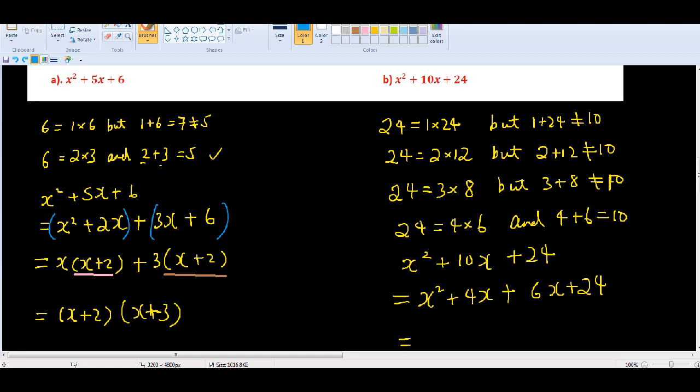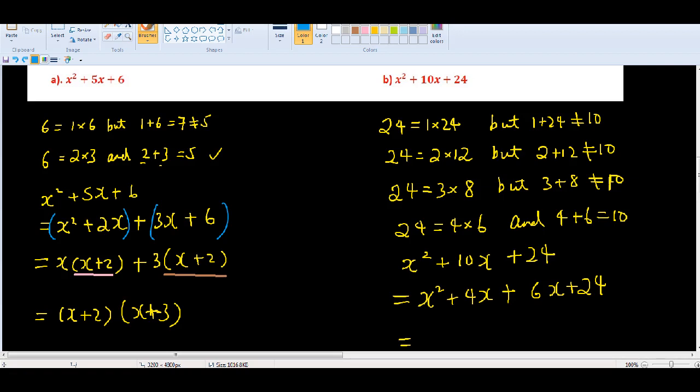There are lots of combinations of factors for 24. You have 1 times 24, 2 times 12, 3 times 8, 4 times 6. Among all of them, only one pair, when added together, will give the sum which is the coefficient of the middle term, 10.